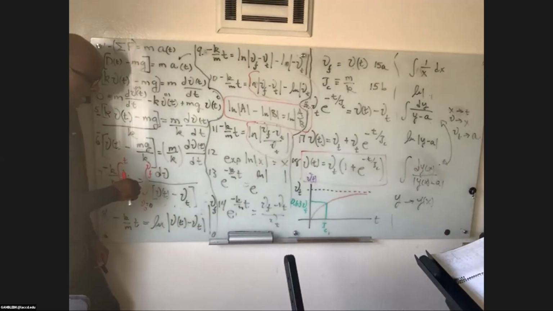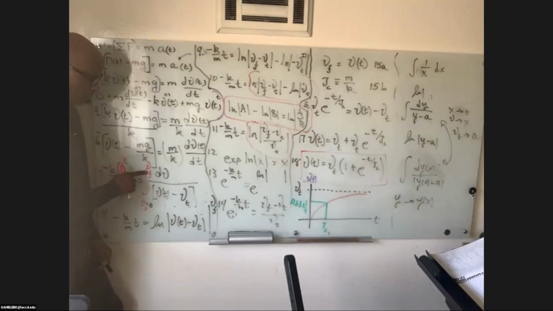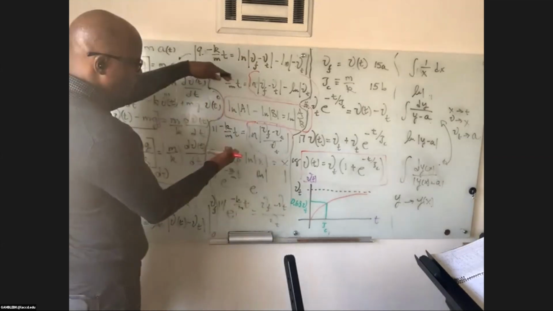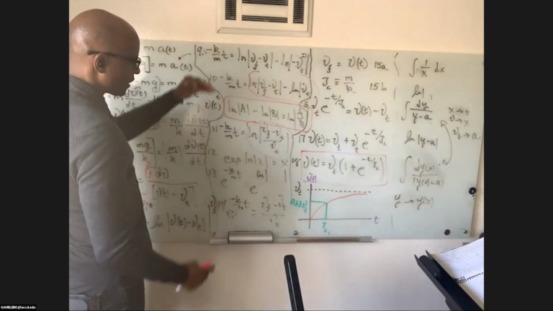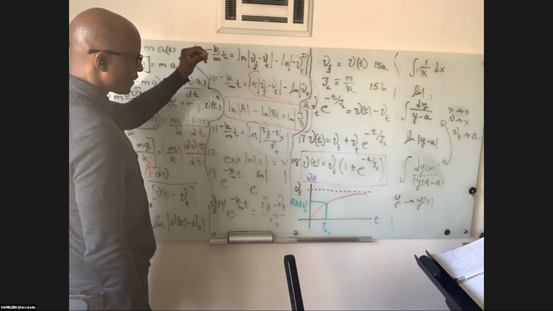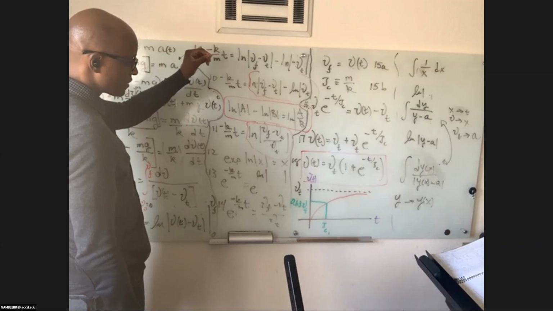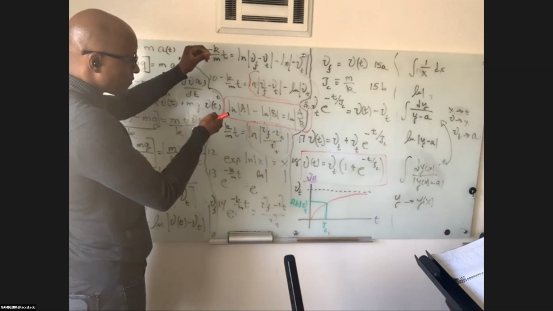But the thing is, I don't really know at what time I'm going to reach it. First of all, I'm in that regime that I showed you where I'm going from the initial velocity, which in this case is 0, to some quote unquote final velocity.